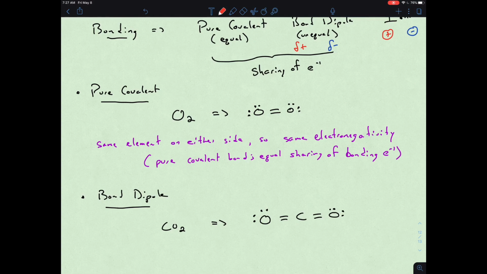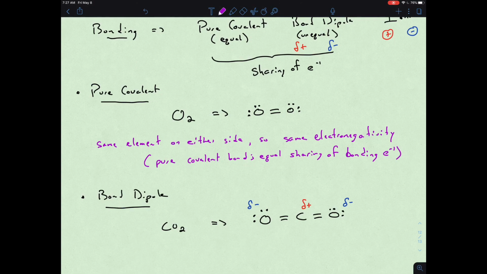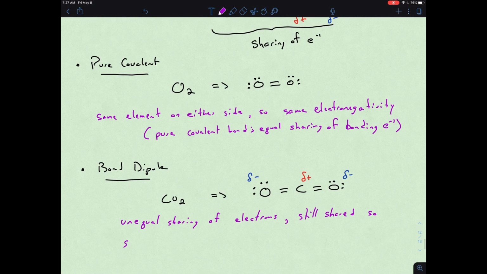Our carbon is positive relative to our oxygen, and that's really on both sides of that carbon. So here we have an unequal sharing of electrons. But they are still shared, so still covalent.